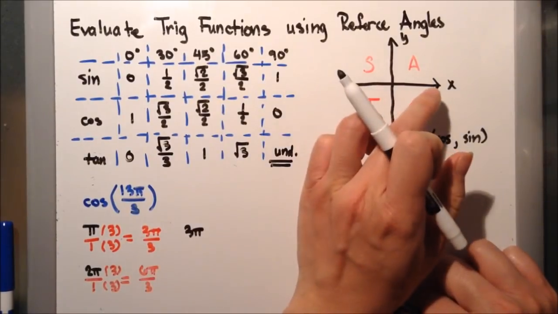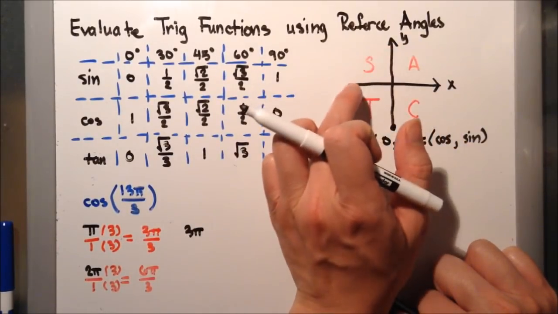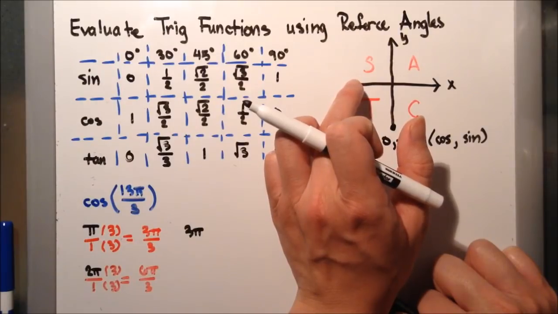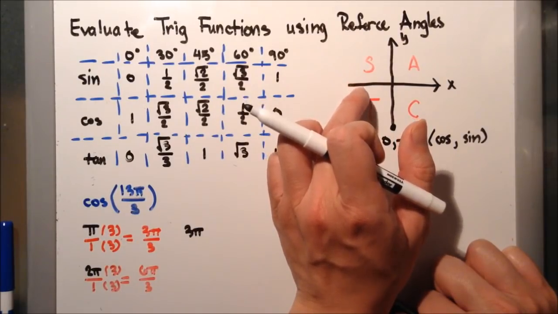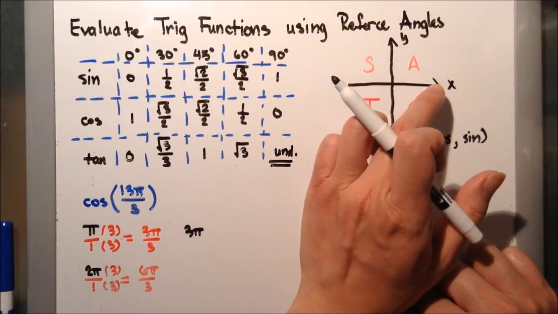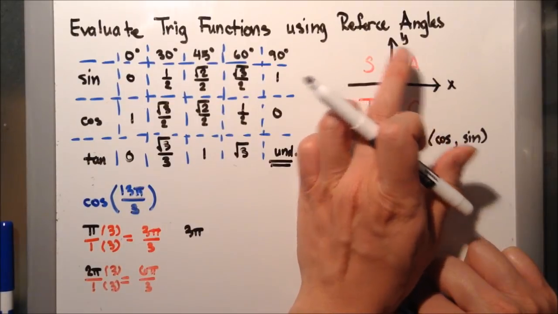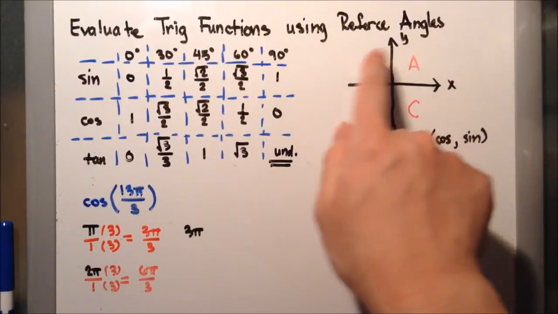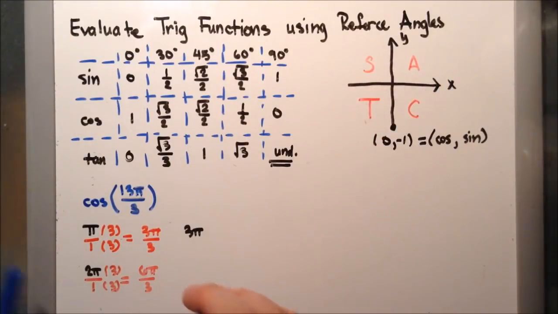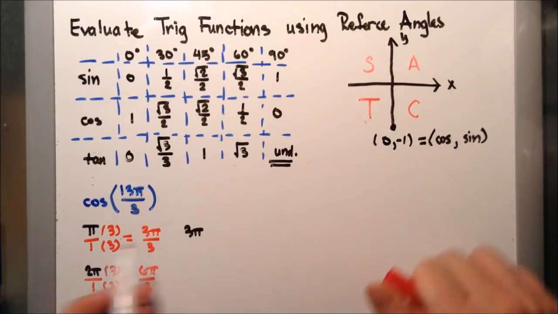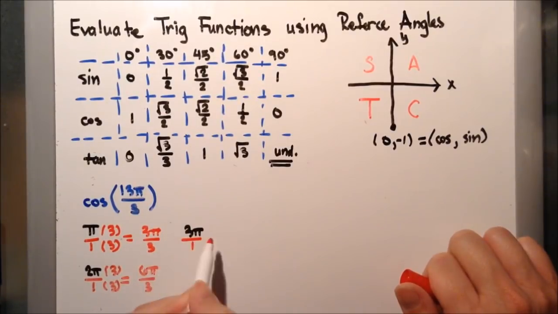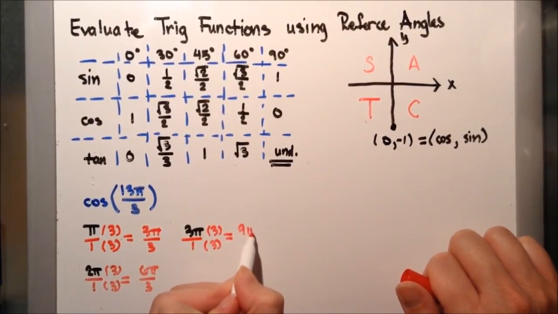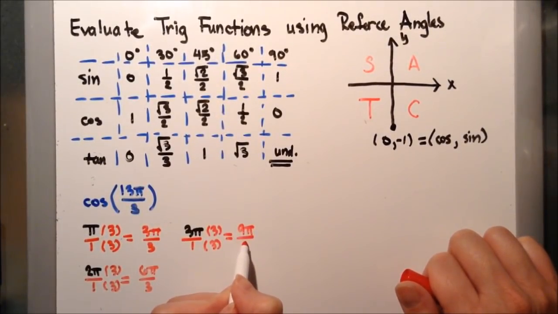Again, if I start from the beginning at 0 and rotate to 180 degrees, which is pi, then another half circle, which is 2 pi, and if I do half a circle again, that's going to be 3 pi. If I want to do 2 full circles, that's going to be 4 pi. But here, change it to a fraction, multiply by 3, that's equivalent to 9 pi over 3.